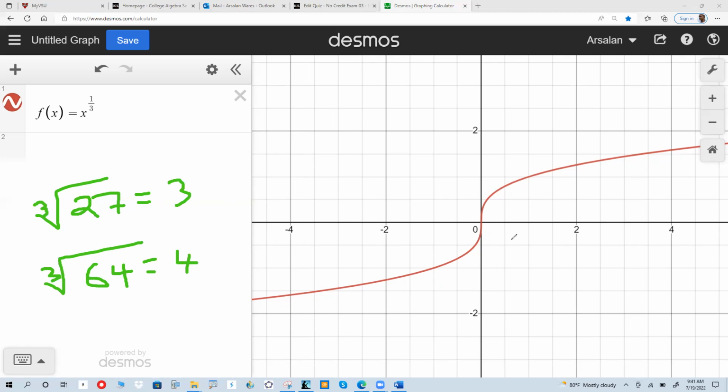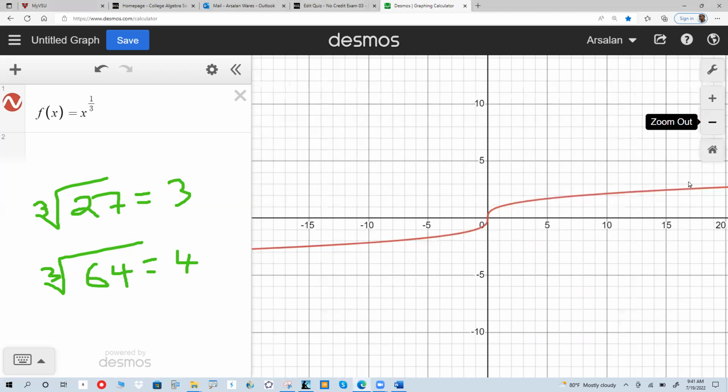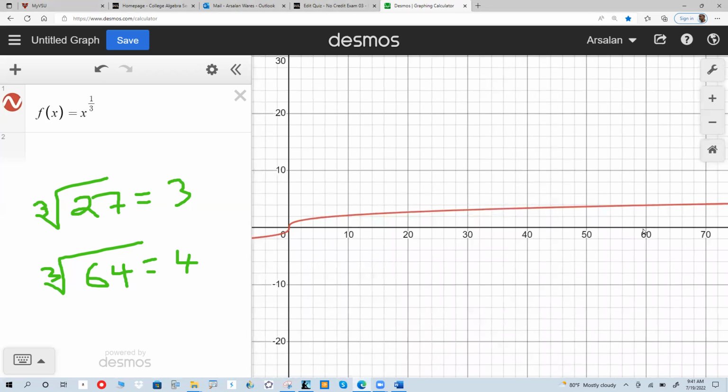Let's check. We'll have a little difficulty doing it here, but that's okay, because the numbers are too big, but we'll show you. Cube root of 64. All right, it's going to be a bit of a challenge. I'm going to go way out there. Take a look. It does make sense. 64 is going to be somewhere here, and that's about 4.